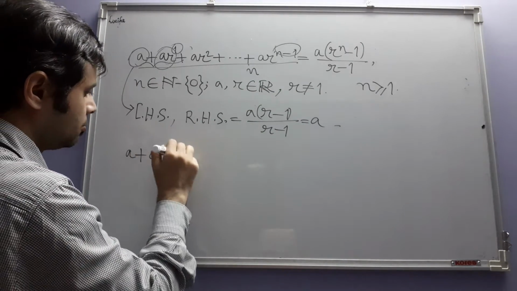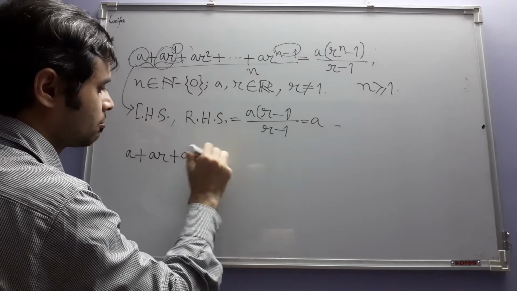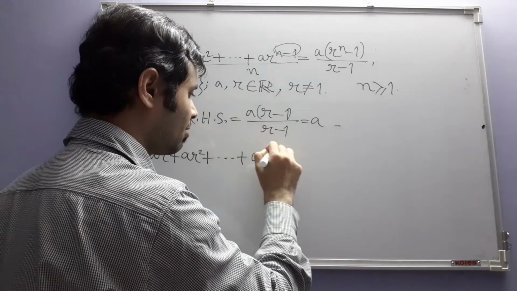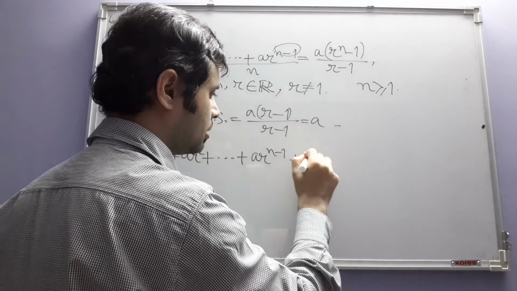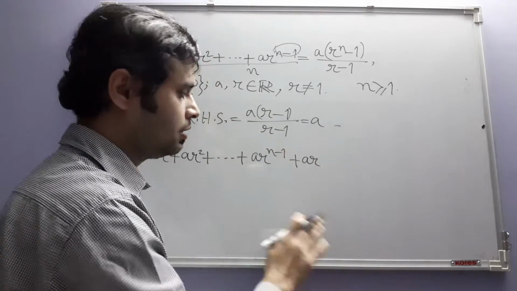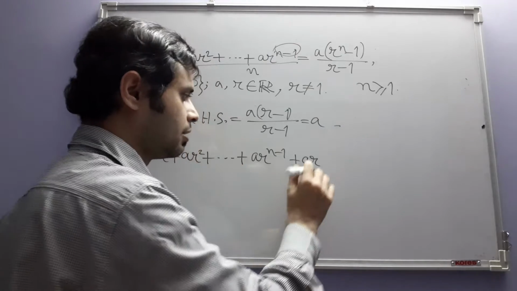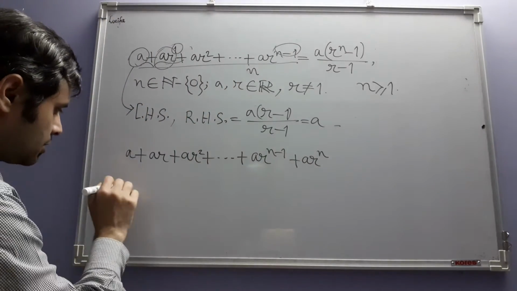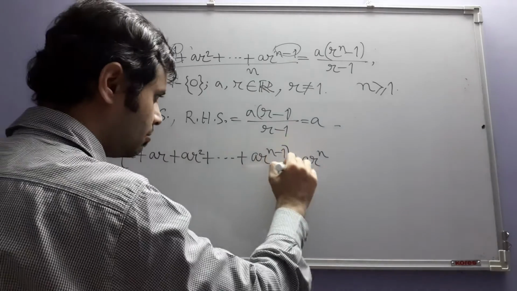So you write the sum for n plus 1 terms. The next term will be obtained by multiplying this one by r, that is a times r to the power n. Now this is equal to the same thing.